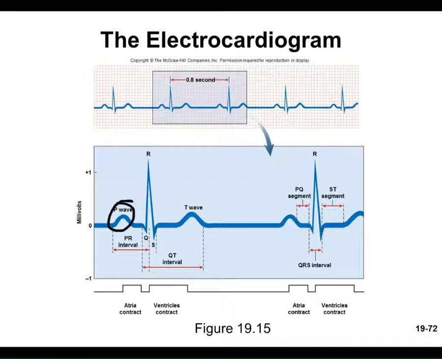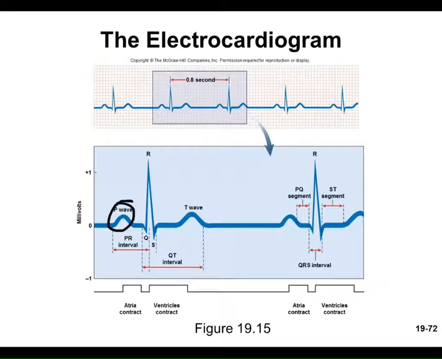Pretty much the beginning of the QRS. At the beginning of the QRS, what is now firing? The AV node is firing. The ventricles will begin to contract or go into systole, a depolarizing event. What we don't see is a wave for the relaxation or the repolarizing of the atria, but it's under there.